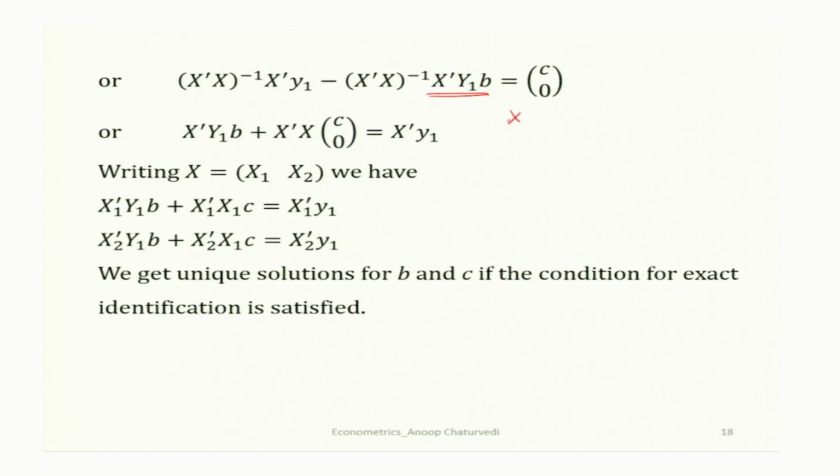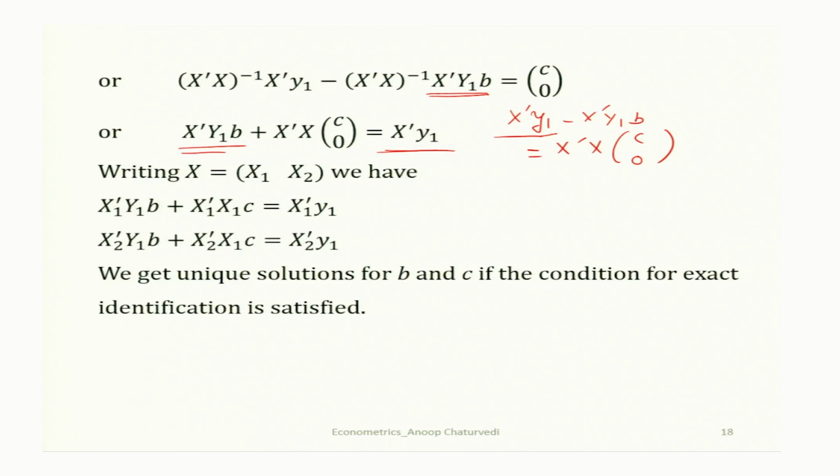So, you get x transpose y 1 minus x transpose y 1 b equal to x transpose x C 0. Or you can write it as x transpose x C 0 here, plus x transpose y 1 b here, equal to x transpose small y 1.